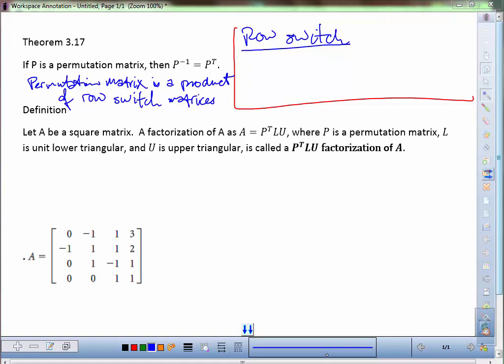So that's the whole idea behind the permutation.